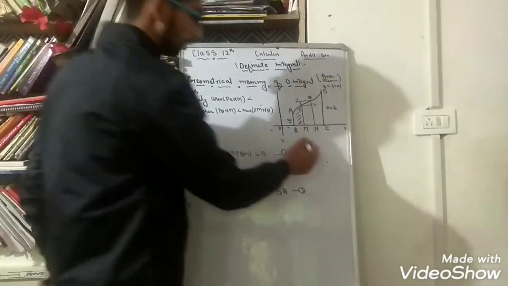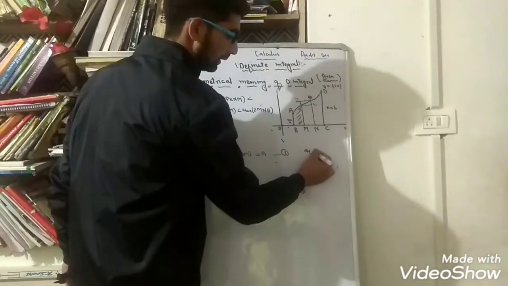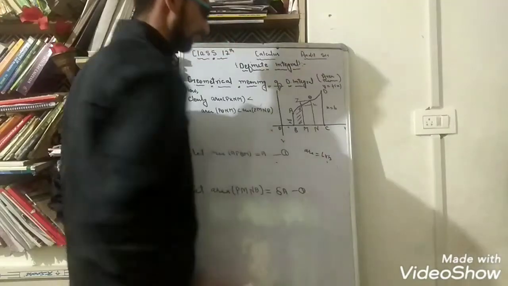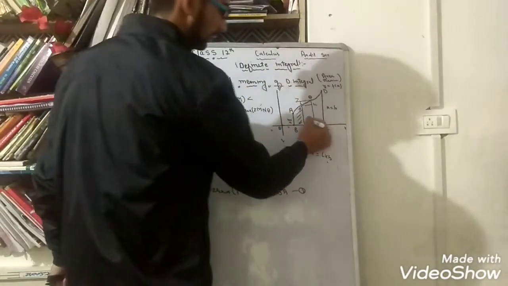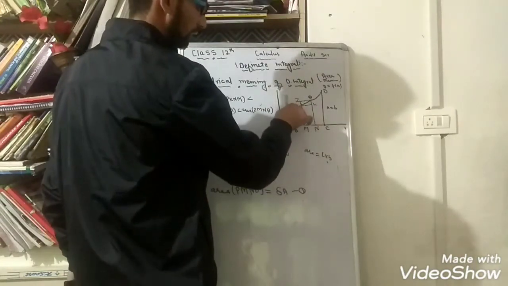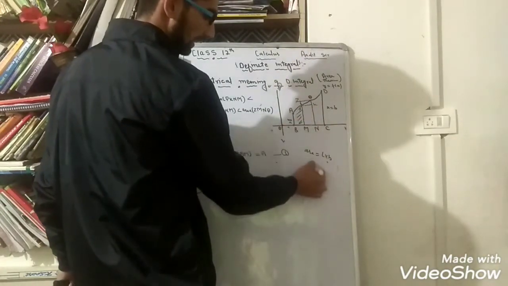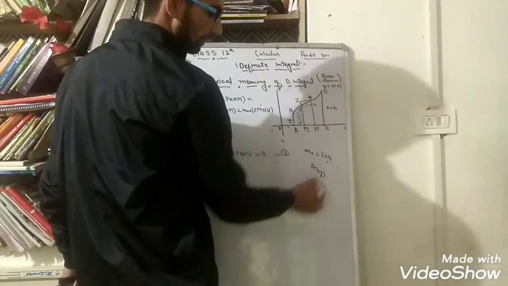We know that the area of a rectangle is length times breadth. But what is the breadth here? The breadth is the distance from M to N. We know that we have the coordinates of P as x and y.